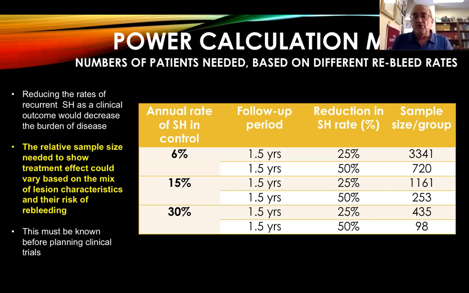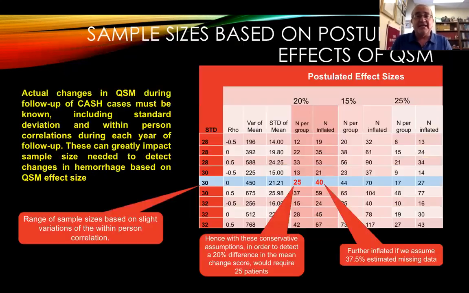So it can make a huge difference in the number of patients needed if we know how much they're going to rebleed, and whether the drug will decrease the bleeding rate by half or by a quarter. We have no idea how strong the drug will be. Will it completely shut down the hemorrhage, or will it only shut down 1 out of 2 or 1 out of 4 bleeds? Those types of things will be very important for us before we design a trial and decide how many patients we need in that trial. Next slide.